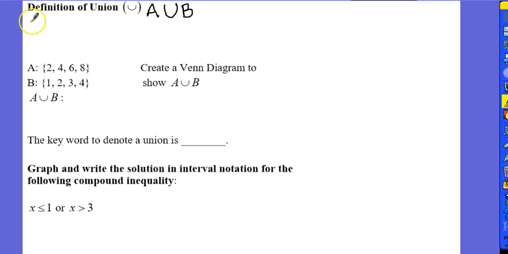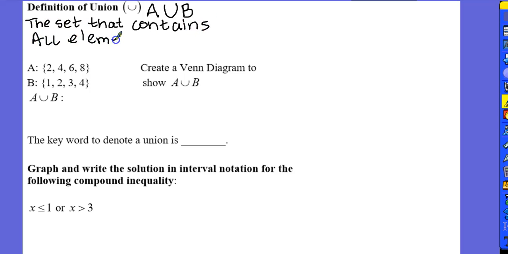Here's how it goes. The union is the set that contains all elements of A and B, common and unique.